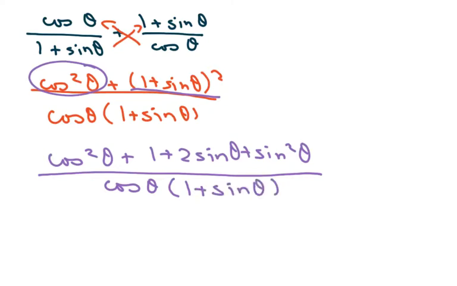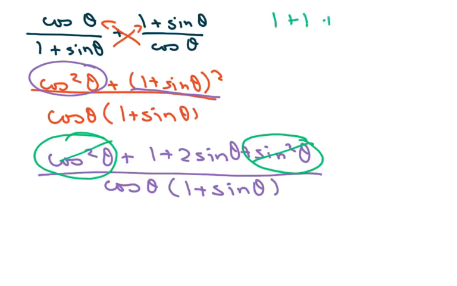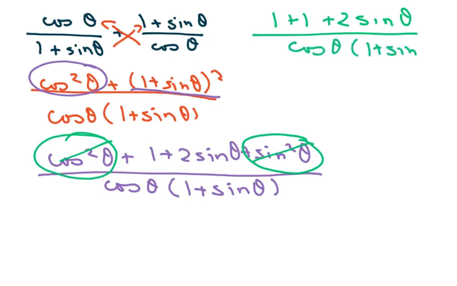Now, I know that cosine squared plus sine squared is 1. So I'm going to write that up here. So that's going to be 1 plus 1 plus 2 sine of theta over cosine of theta times 1 plus sine of theta.